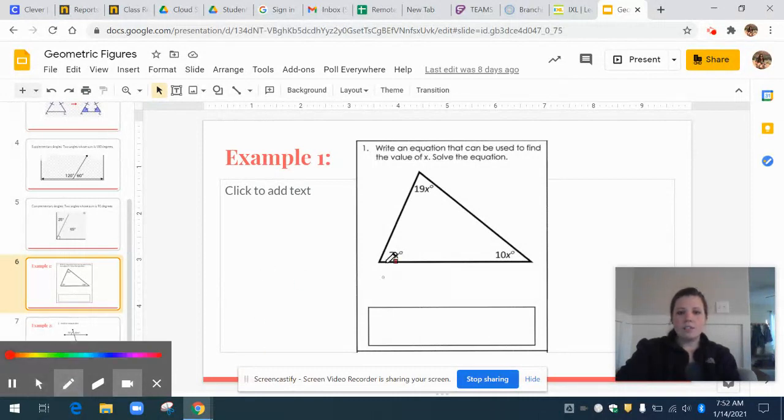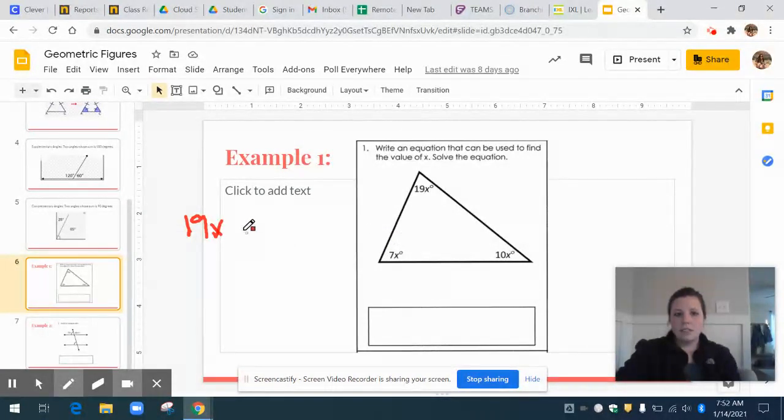So if I write this equation, I have this first angle, which is 19x, plus my next angle is 7x, plus my final angle is 10x, okay? And then I told you that all three are going to add up to 180 degrees.